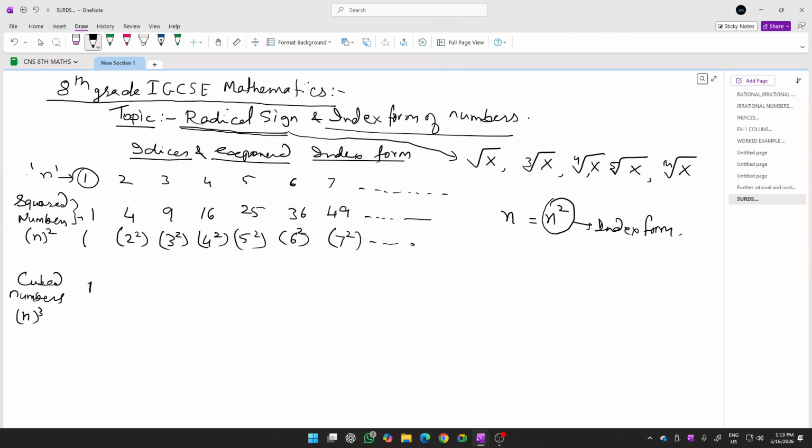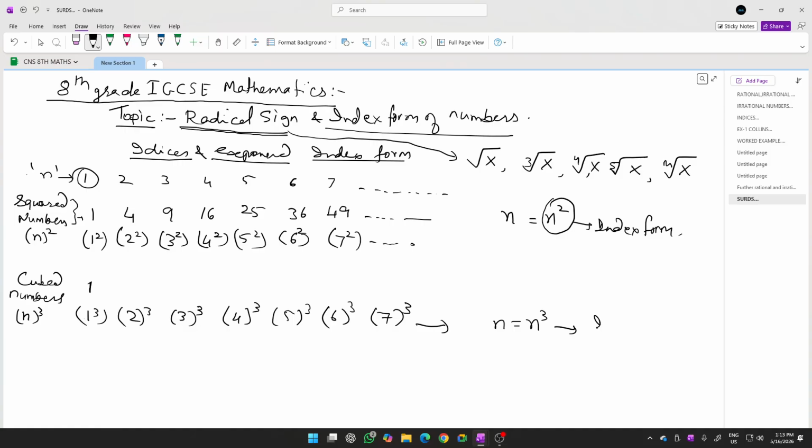This can be written as 1 cubed. The cube number of 2 will be 2 cubed, then 3 cubed, 4 cubed, 5 cubed, 6 cubed, 7 cubed. These are known as cube numbers. These are in index form. So n cubed is also in index form.